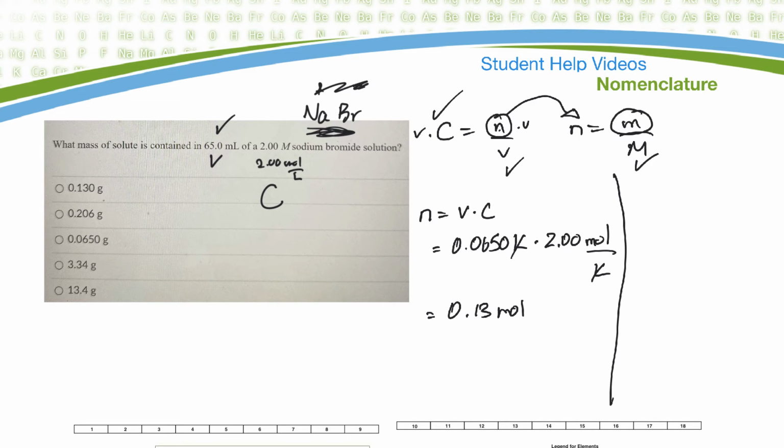Now I can use this other formula, and I want to manipulate it for mass. So mass will be equal to moles times the molar mass. Moles, 0.13 moles. The molar mass, oh, I haven't figured that out yet.